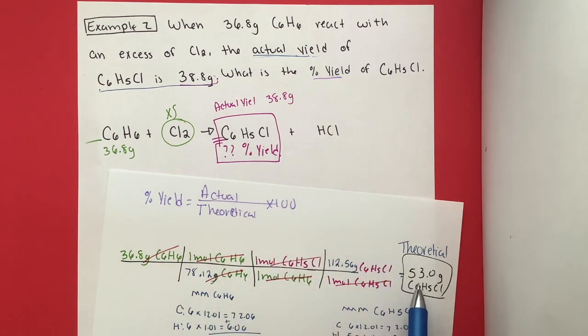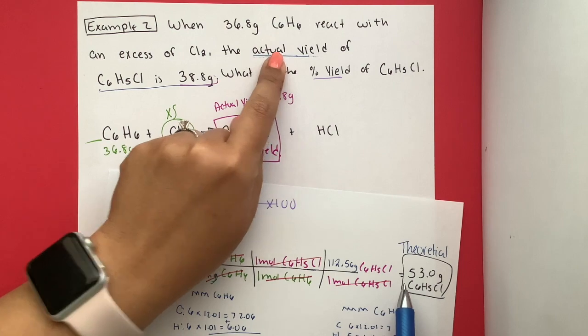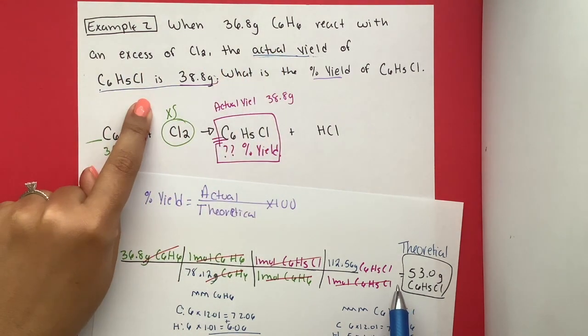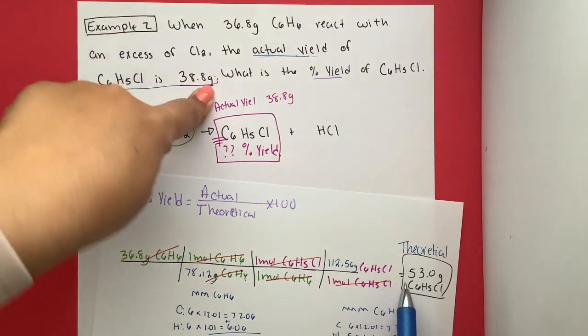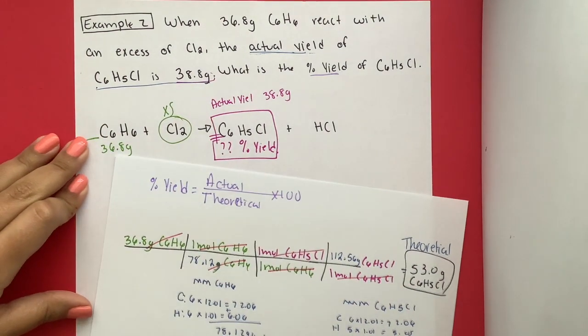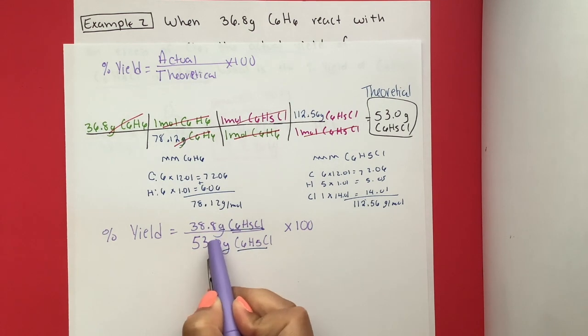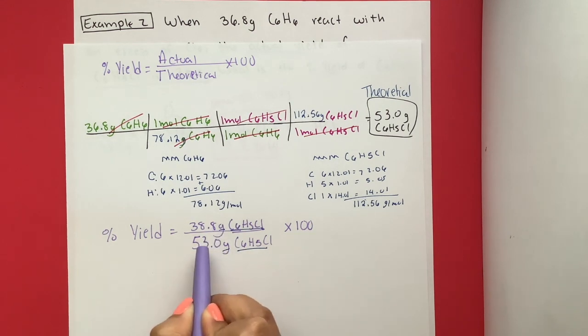That's why we found the theoretical yield for it, because the question had given us the actual yield for it. And since they gave us those in grams, we had to find the theoretical yield in grams too.